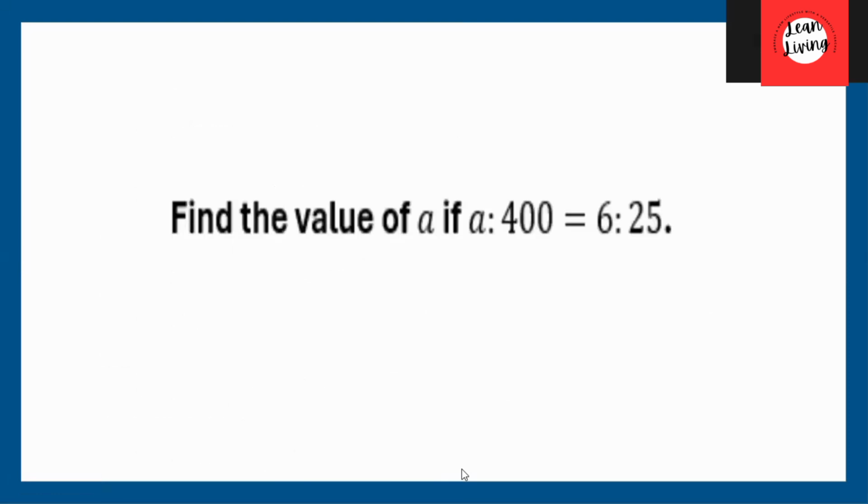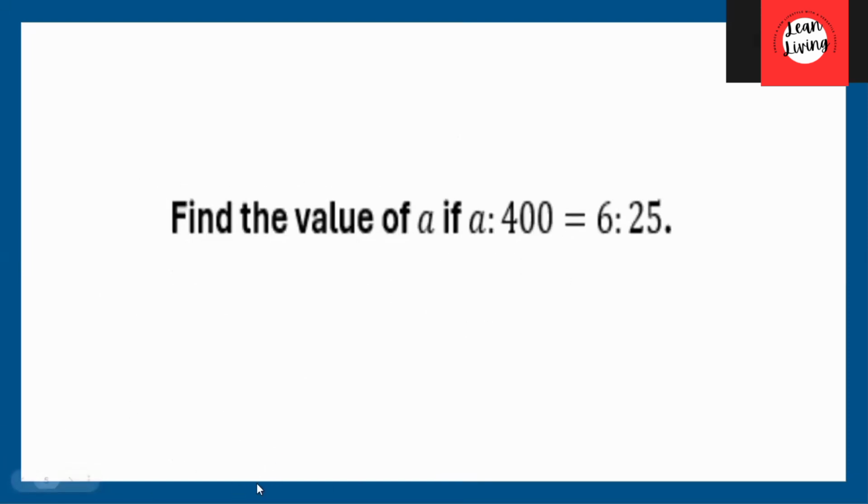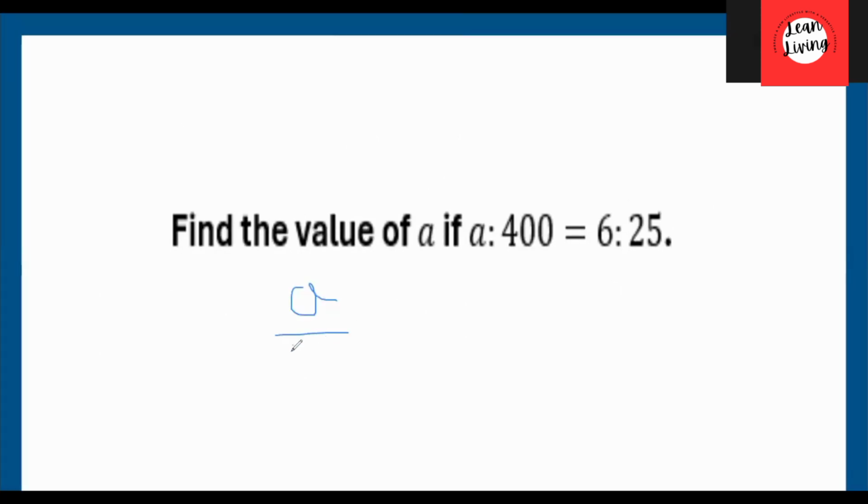Next question is find the value of A if A ratio 400 is equal to 6 ratio 25. Okay, how have we done this question previously? So we are going to write this in fraction form.